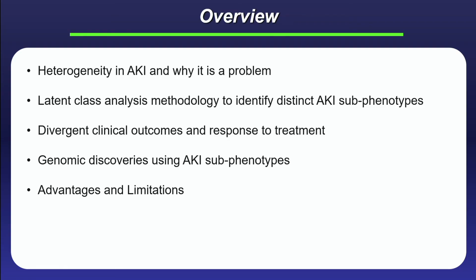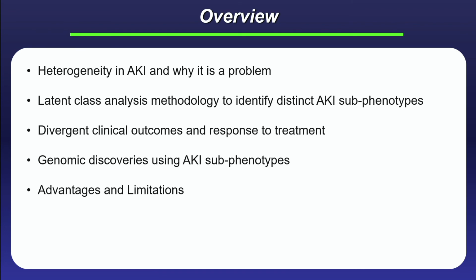Next, talk about the divergent clinical outcomes as well as response to treatment based on these sub-phenotypes. And then finally, looking at genomic discoveries that we've been able to do looking at these subgroups, and then talking about some of the future directions, as well as some of the advantages and limitations to this area of work.